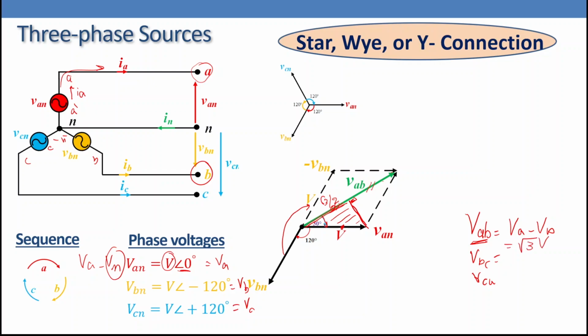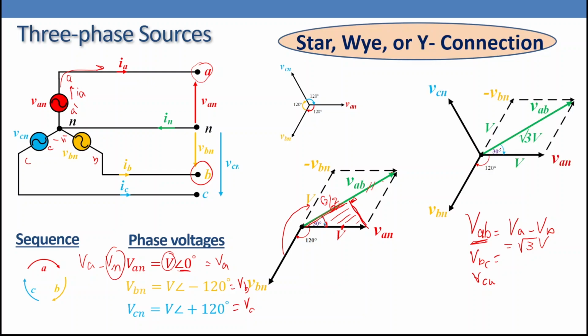So what is the relation now between line voltage and phase voltage? In magnitude, root 3, but with the angle shifted by 30 degrees. So let's look here. That one represents root 3 V, and the angle is 30 degrees, leading by 30 degrees. So the line voltage leads the phase voltage by 30 degrees, and the value for the line voltage is root 3 the phase voltage.